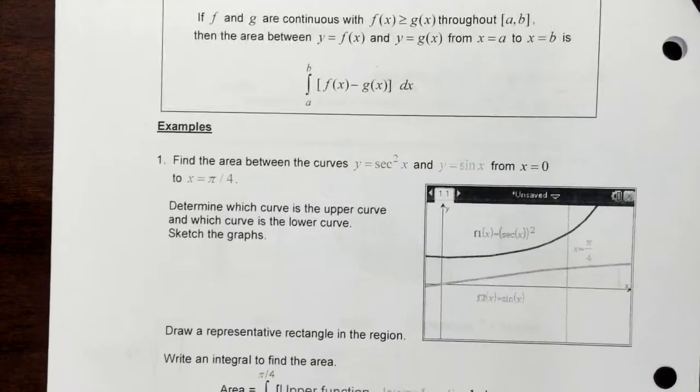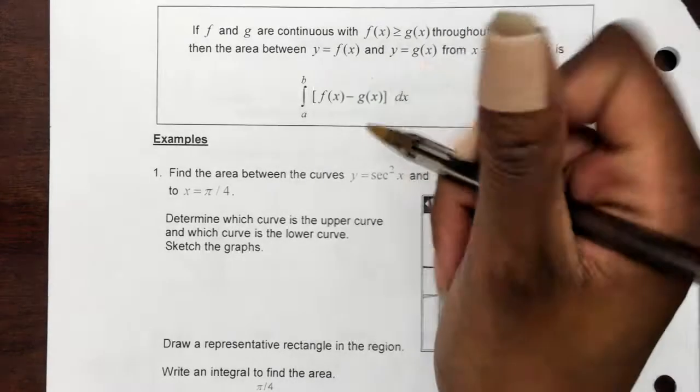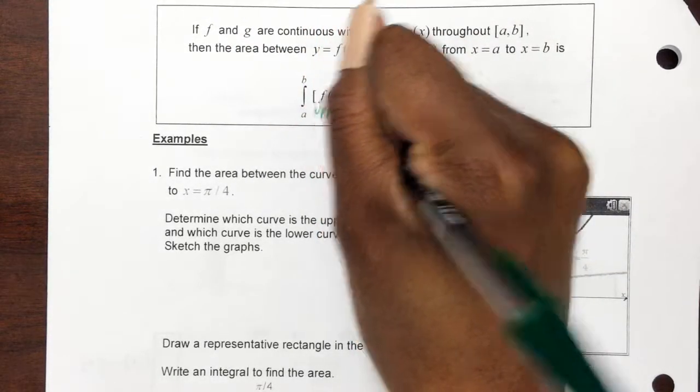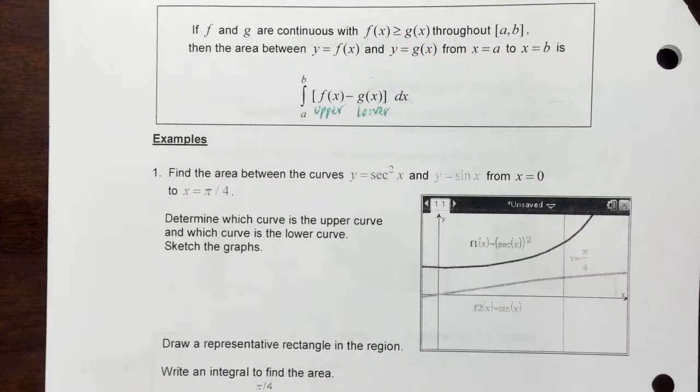So if f and g are continuous, which is very important, with f of x being greater than or equal to g of x throughout the interval from a to b, then the area between f of x and g of x from a to b is found by taking the integral from a to b of f of x, which is our upper, minus g of x, which is our lower, dx.